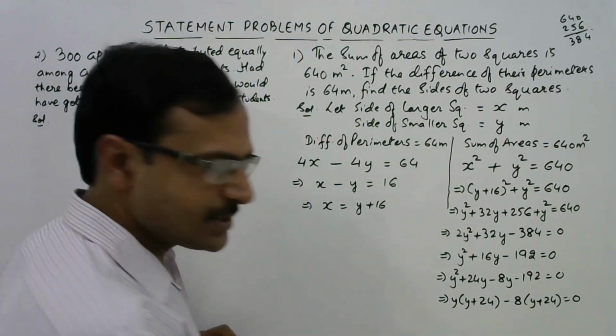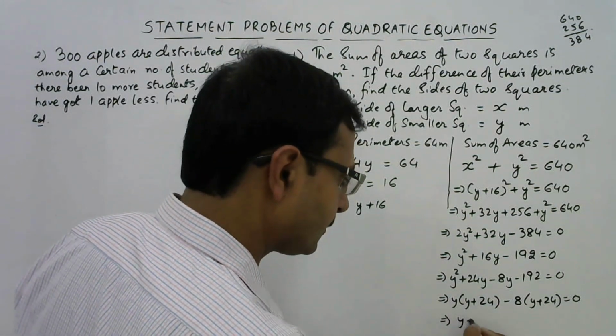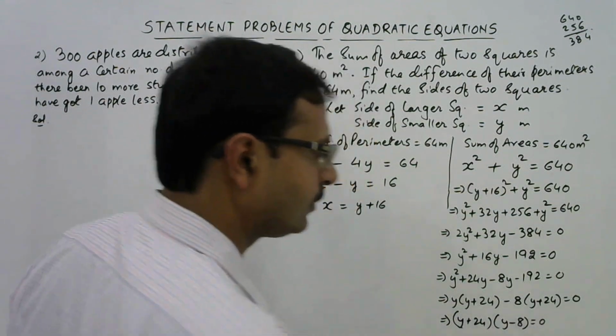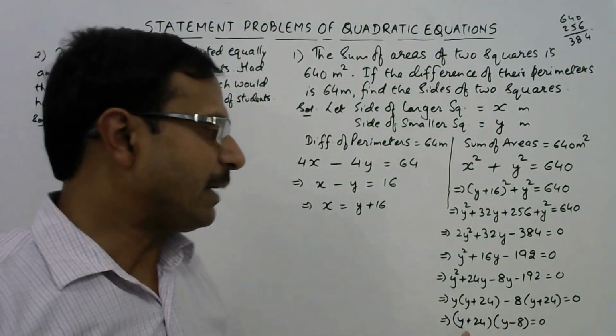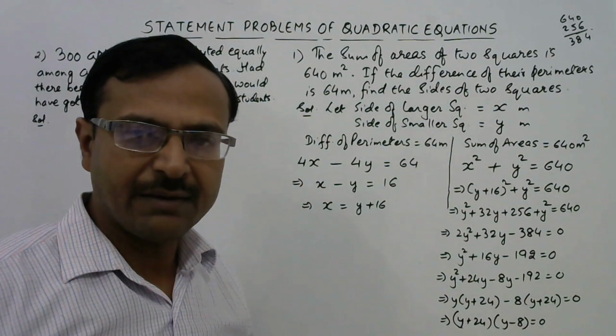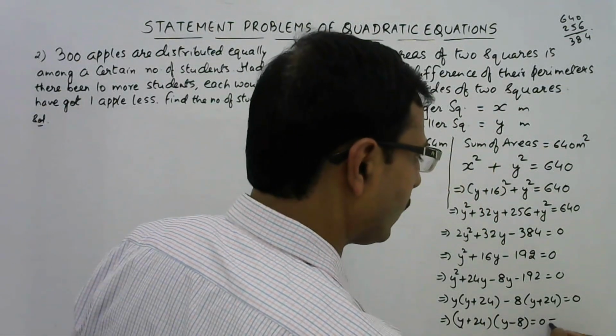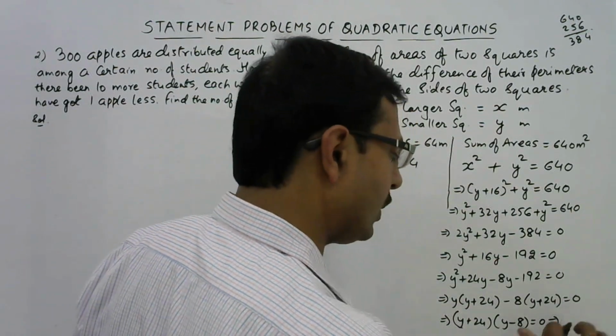So you have two answers here, y plus 24 and y minus 8 equal to 0. Now students, y plus 24 equal to 0 gives you a negative answer, but the side of a square cannot be negative. So we will retain only the positive value, y equal to 8.